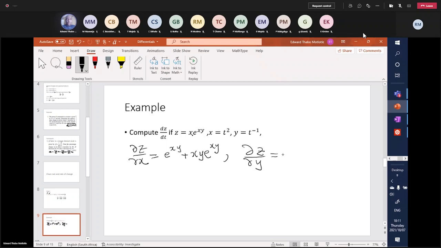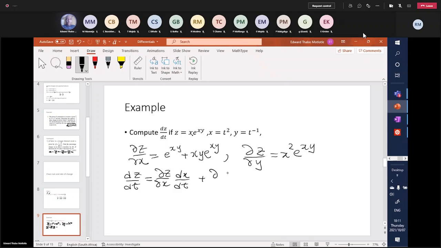Let's see what we get. It's going to be, so x, we treat x as a constant, so we have x squared e to the power xy. Okay, now we write the formula dz/dt is equivalent to, we differentiate z partially with respect to x, dx/dt.